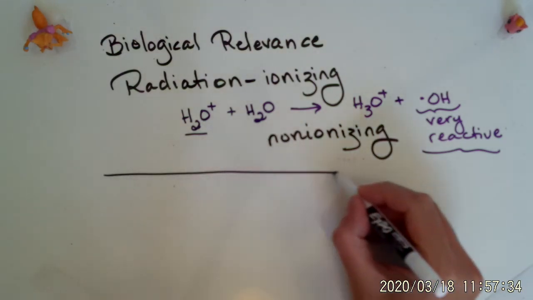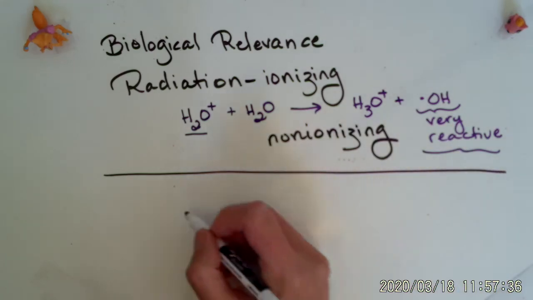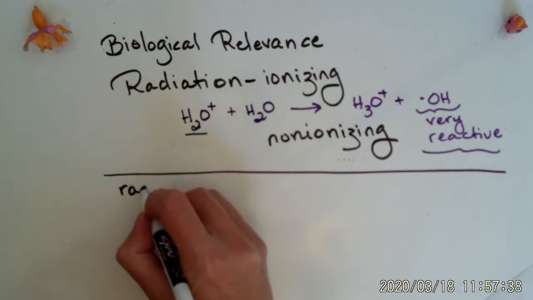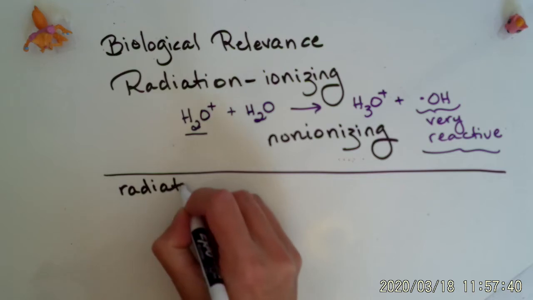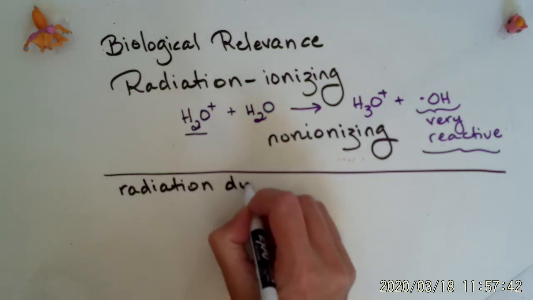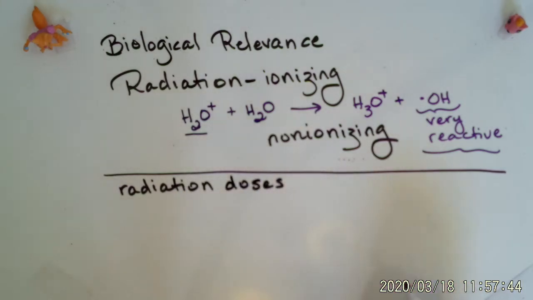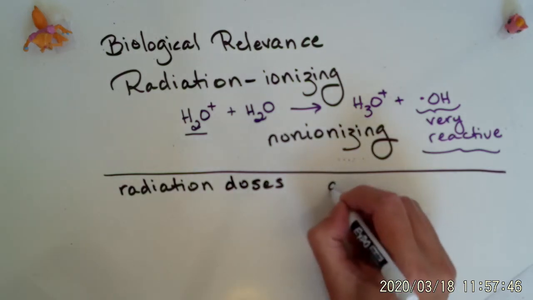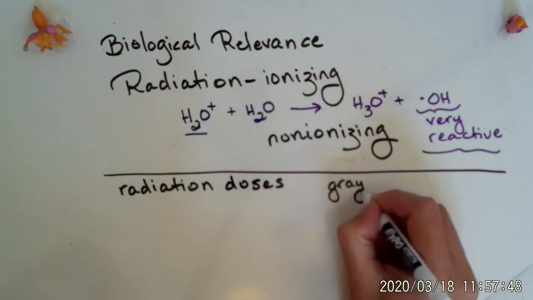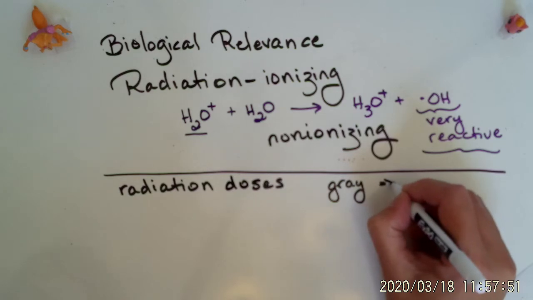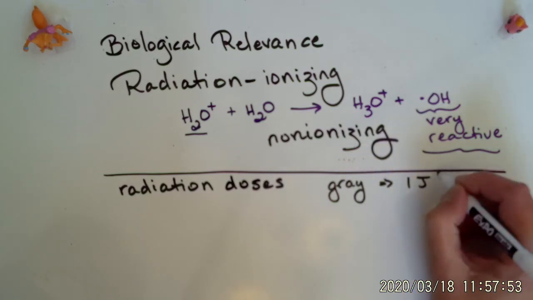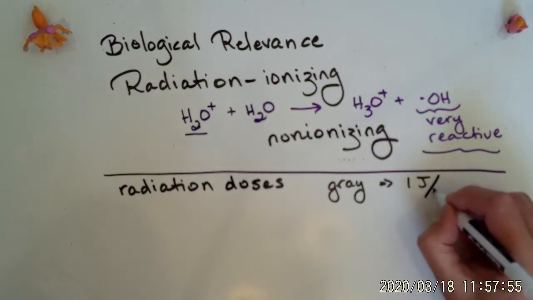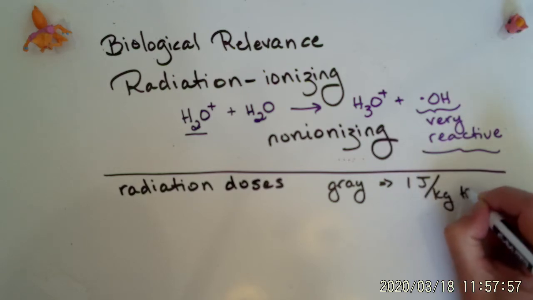Let's talk about some terms now. When we talk about radiation doses, we have two terms that we usually use. The gray, which is our SI unit, is equivalent to 1 joule of energy per kilogram of tissue.